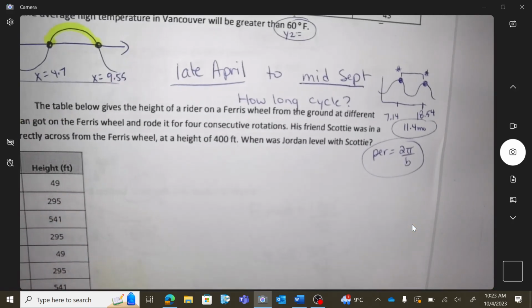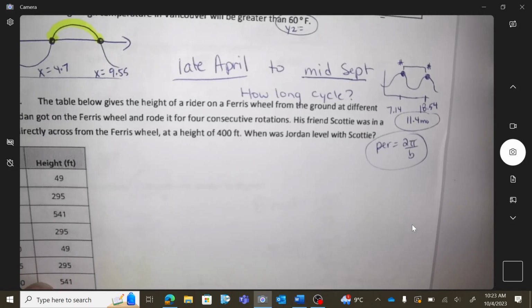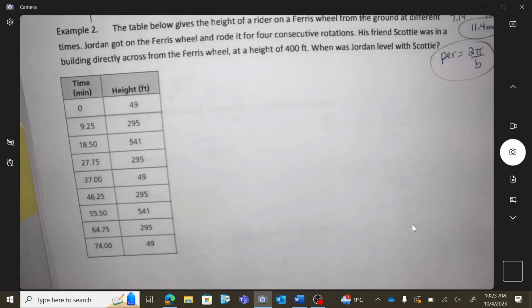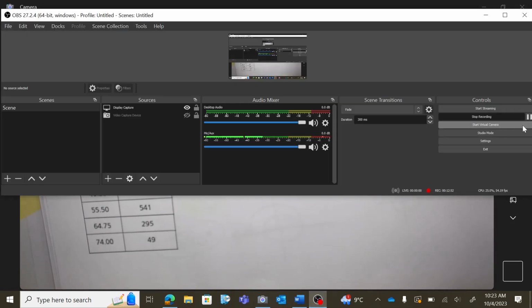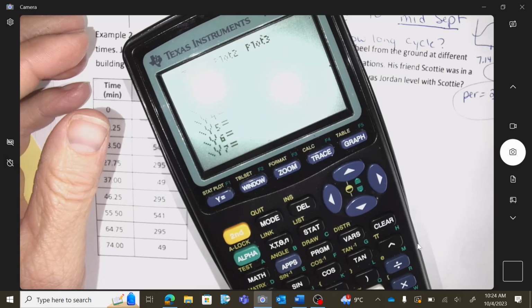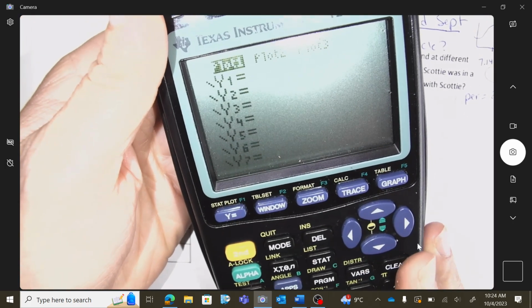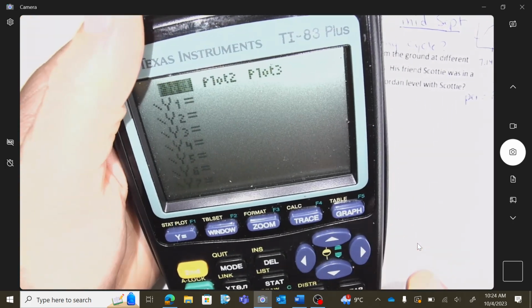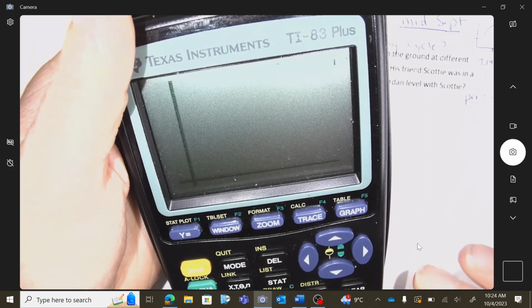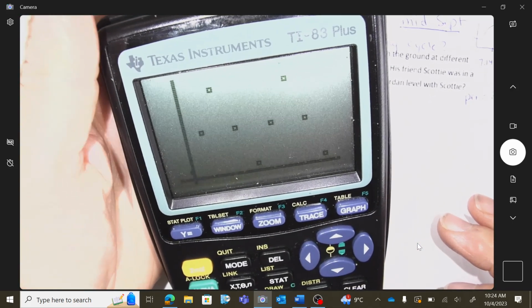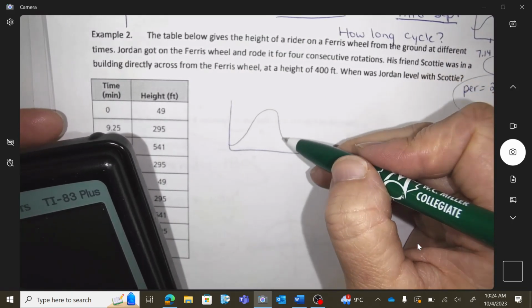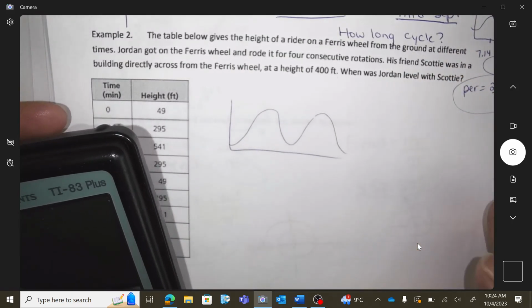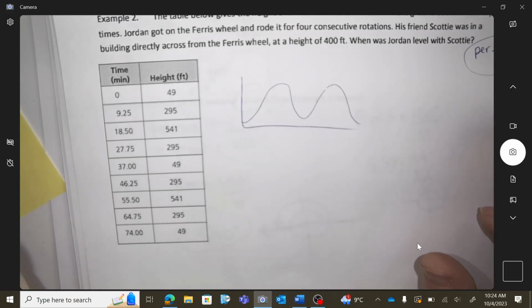Okay, let's go to number 2 again. So erase everything, stat edit, type in. Okay, L1, L2. I'm going to turn my plot on and I'm going to zoom 9. And there we go. We're going on a Ferris wheel ride. That's what we're doing on our Ferris wheel.